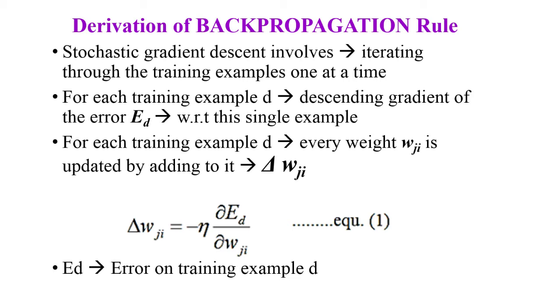We will call this equation 1, where E_d is the error on training example d summed over all the output units in the network.